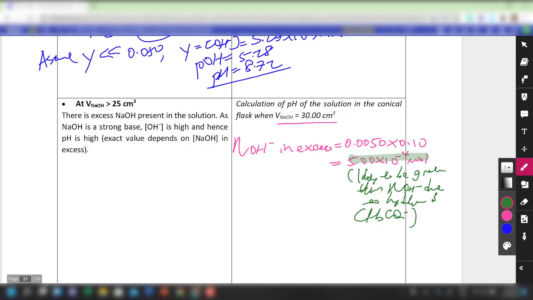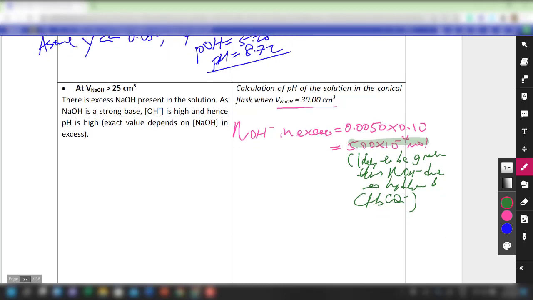You should also be aware that the addition of OH minus will actually suppress the ionization of ethanoates, so it will push the position of equilibrium to the left. So in this case, I think this assumption is valid, that we do not need to add in the amounts of OH minus contributed from the salt hydrolysis. You have to remember that, because this is often the misconception which students might have.